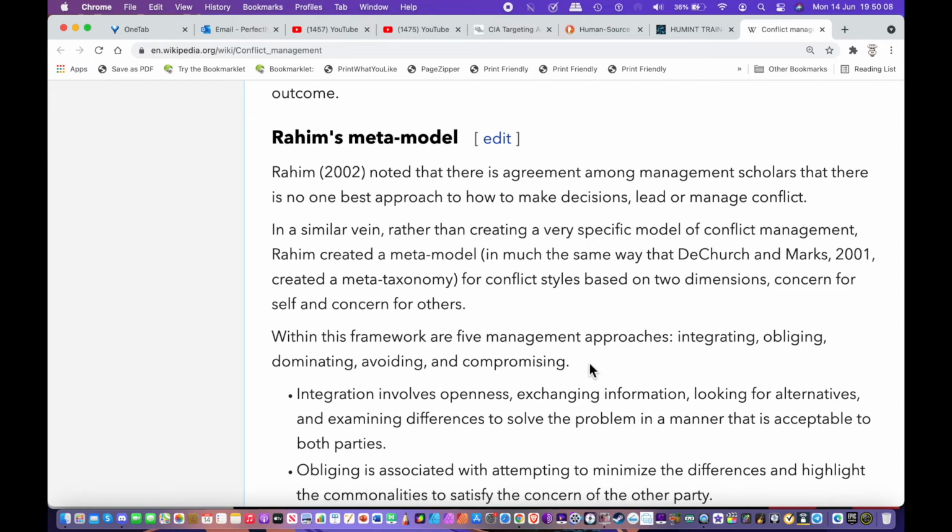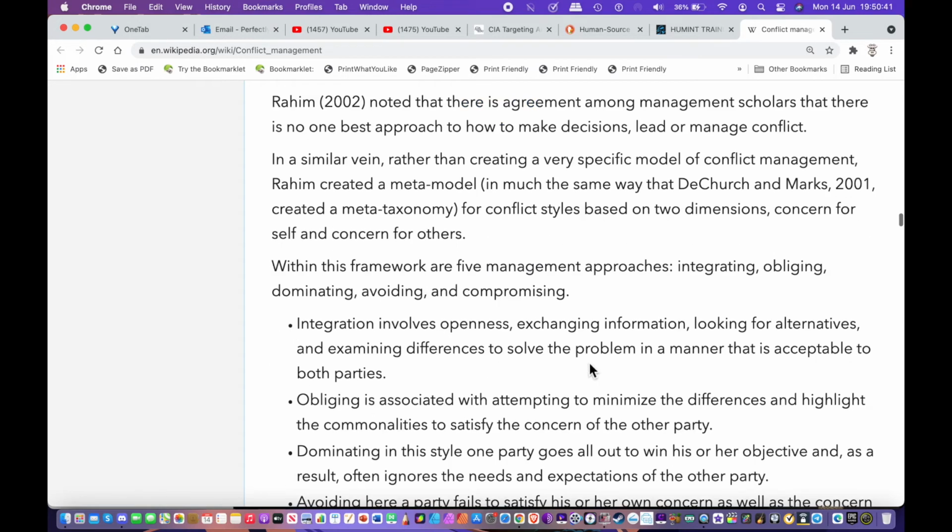In a similar vein, rather than creating a very specific model of conflict management, Rahim created a meta model in much the same way that the Church and Marx 2001 created a meta-taxonomy for conflict styles based on two dimensions, concern for self and concern for others.